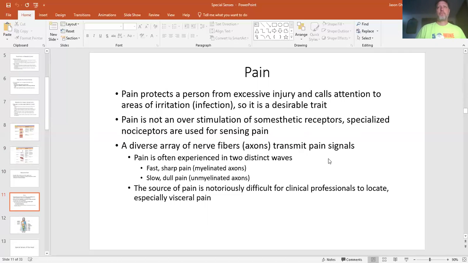And pain is very difficult to diagnose because pain will occur in different areas, depending on what it is. Where do people think of, okay, if you're having a heart attack, where do you go? Pain in your left arm, but your heart's over here. Different areas. So that's just one reason. That's one way to give you a good example of what it is.